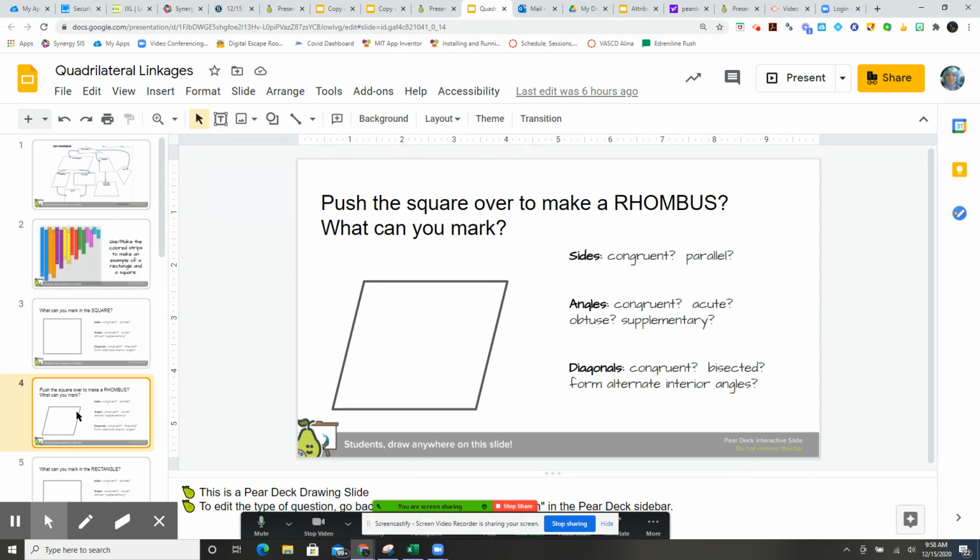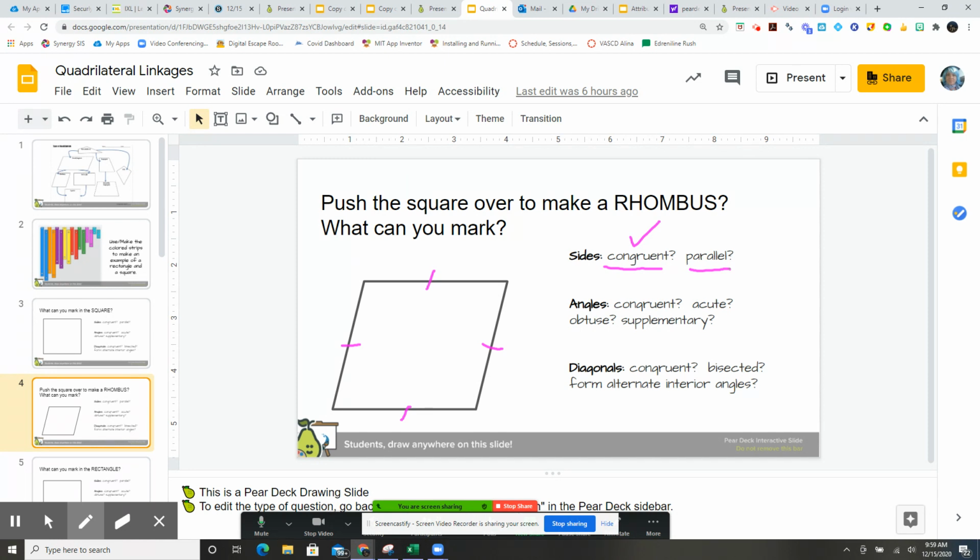It's crazy. All right. So if I push that square over to make a rhombus, what do we know about the sides? Are they still congruent? Yeah, so we're going to mark those with tick marks. Are they still parallel? Yeah, so I take my square and I push it over to make a rhombus.